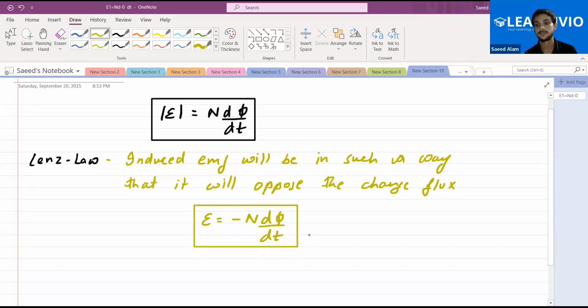But one thing I'll tell you, and you will see me following it while I solve the questions: I never consider these minus plus signs, and you should also never consider them. Always first see the magnitude, then decide the direction by yourself. In anywhere in physics, always first look for the magnitude, then look for the direction.